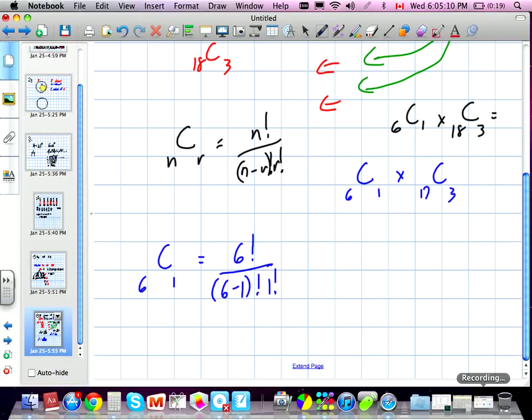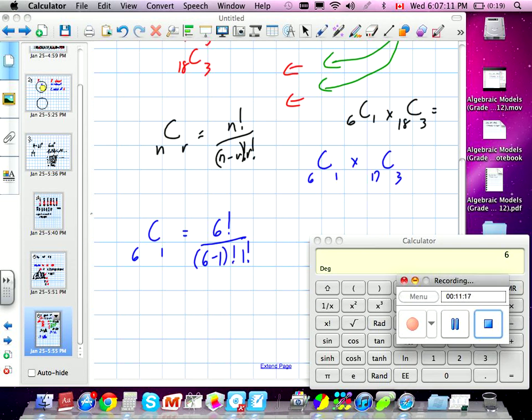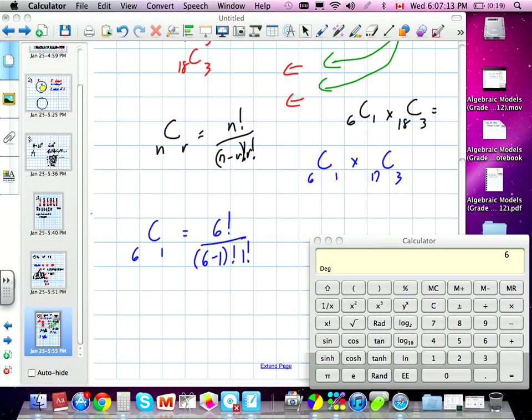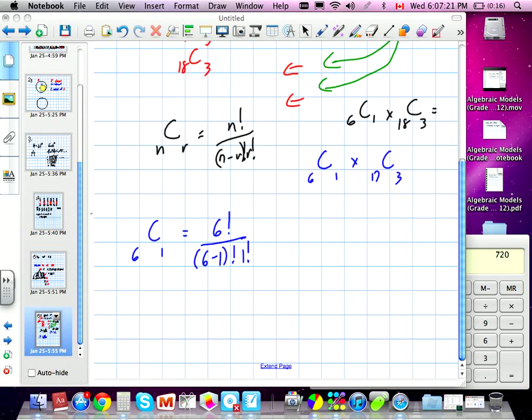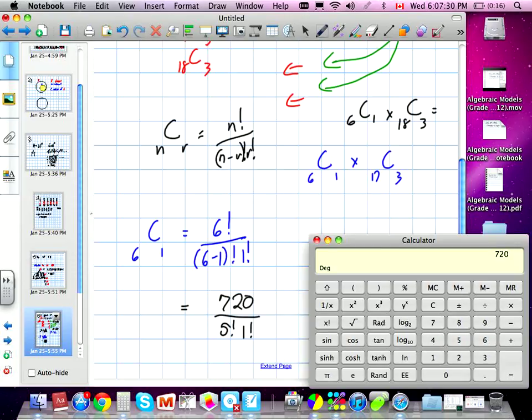So 6 factorial gives us 720, right? So we get 720 over 6 minus 1, which is 5, factorial, times 1 factorial. 1 factorial is 1, and 5 factorial is 120. So we have 720 divided by 120 times 1, which is just 120.